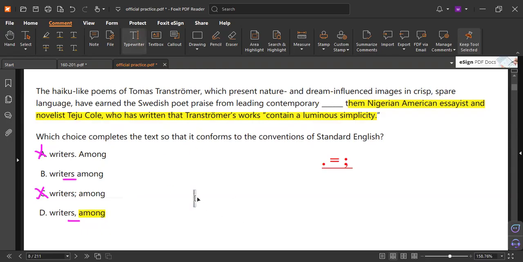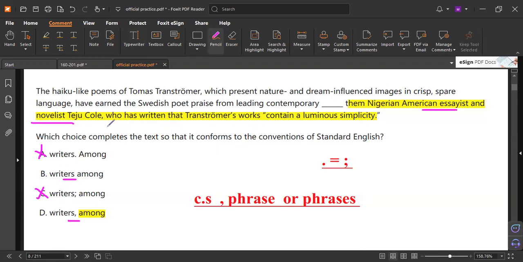What is the rule? This is a complete sentence, comma, and I can add any phrase or phrases or any supplementary information like that. He adds two details here, this one and this one, examples of the writers, and then he adds a clause to describe this person.